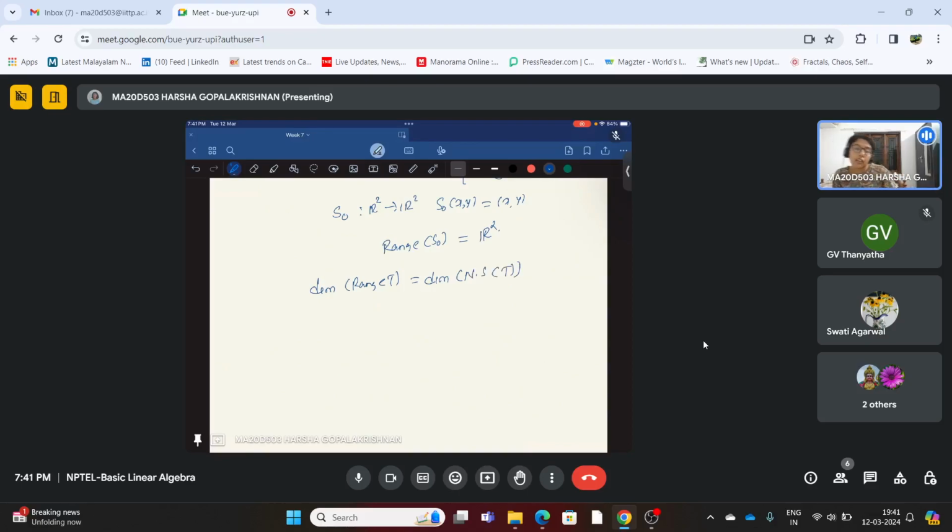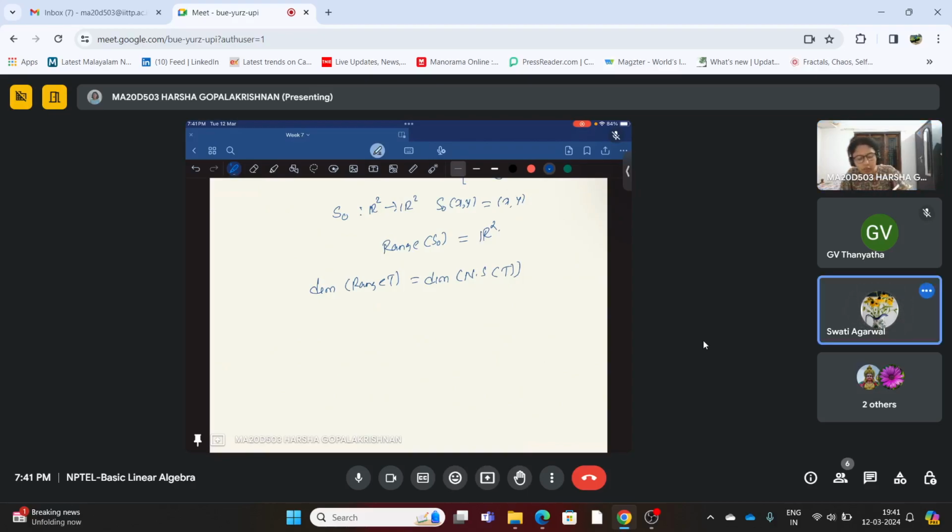Now, we also know these are subspaces of R2. What are all the subspaces of R2? Subspace does not depend on the mapping. A subspace means a subset of R2 which itself is a vector space.